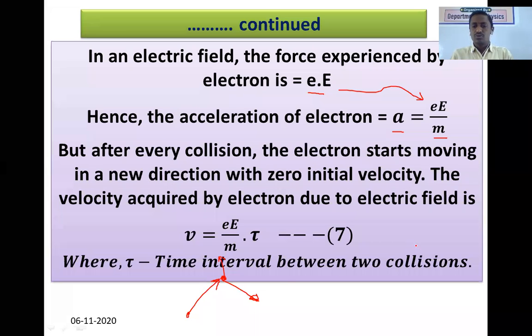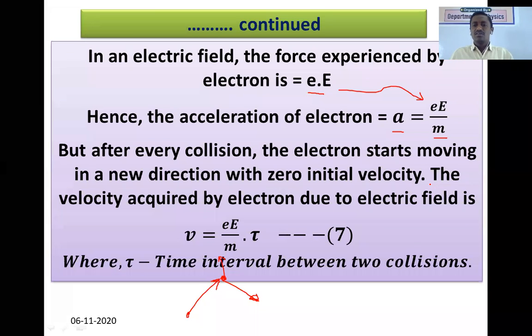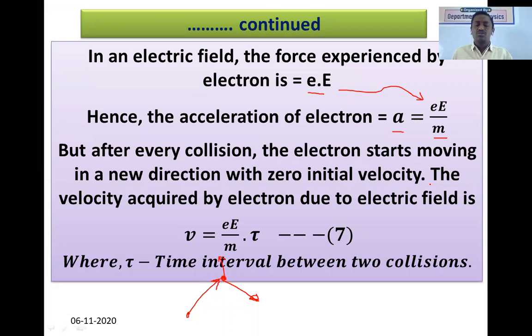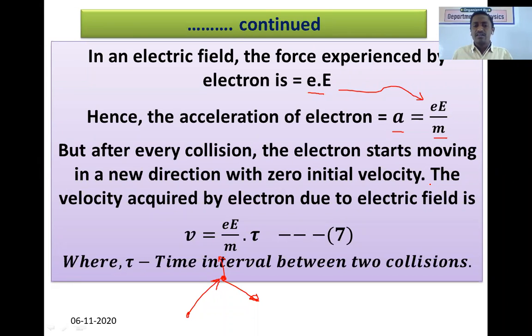So after collision, the electron's velocity became zero, having zero initial velocity, and it acquires some velocity or energy due to the collision, and it moves in a new direction.